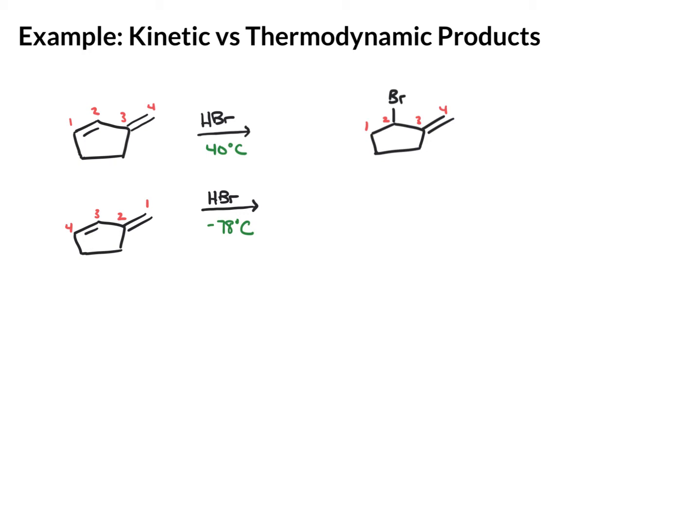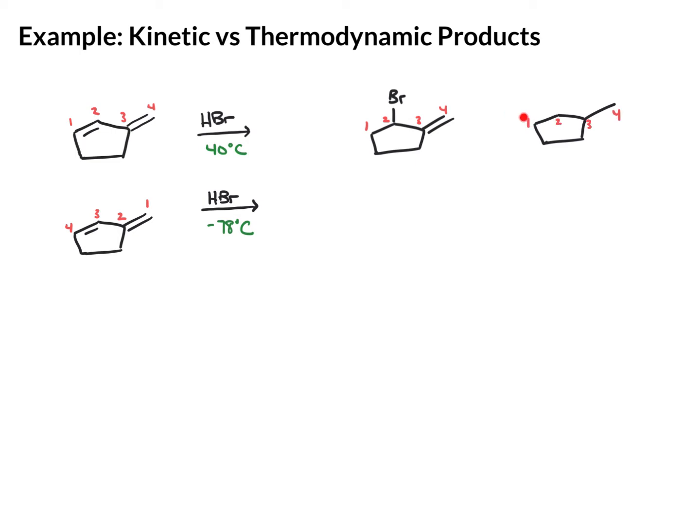Now for the 1,4 product, again, you can get this through the mechanism, or if you're just predicting the product, all we need to do is we'll draw our main framework. Which is this. For the 1,4 product, the hydrogen will add to carbon 1, so let's number this.